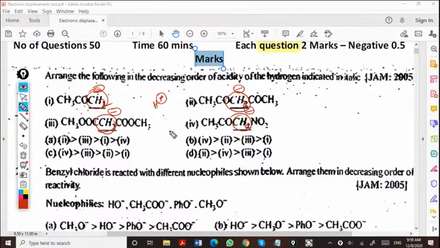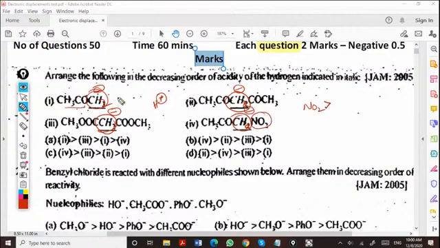So after elimination of H plus, each of the molecules is going to become a carbanion. Now the carbanion attached to strong withdrawing groups will be most stable, so that acidity will be highest. In withdrawing nature, here nitro is given, which is the best withdrawing group.